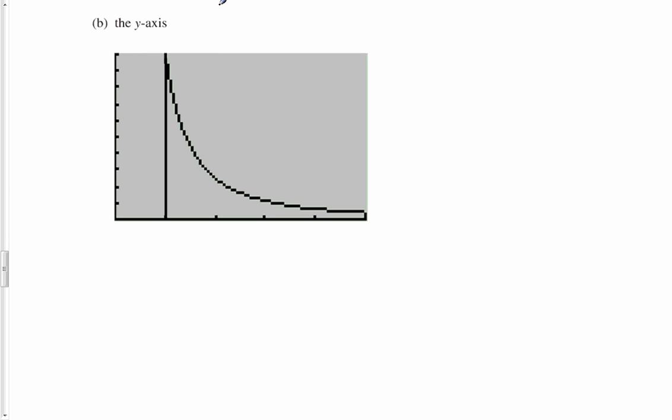In this case, this is slightly different. I'm revolving about the y-axis. So when I make my little representative rectangle for this region, it's going to be parallel to the y-axis, like this. The height is going to be vertical.